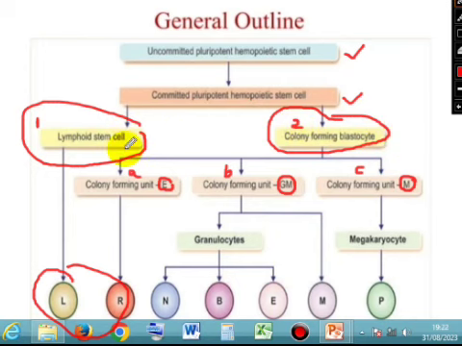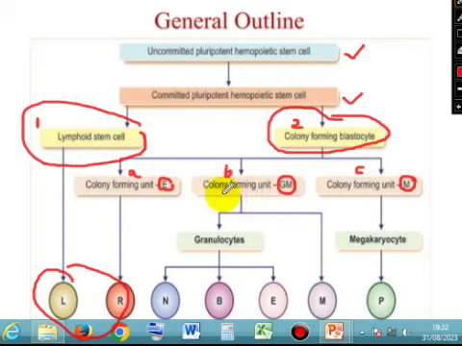Or you can call that megakaryoblast. It's on the board. Look at it. I know your problem is spelling. Megakaryocyte is on the board. Okay?